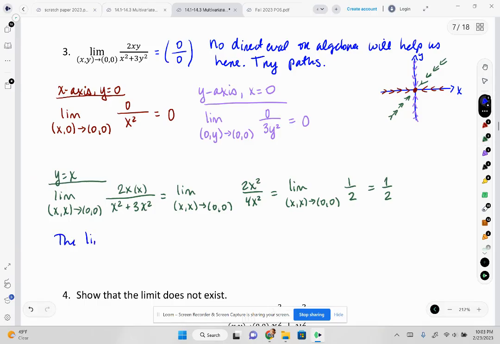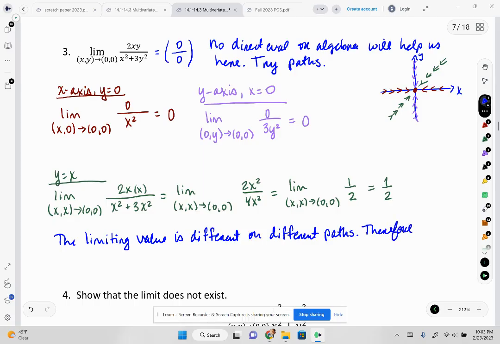The limiting value is different on different paths. Therefore, the limit does not exist.